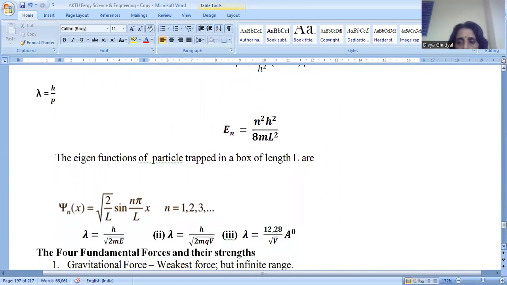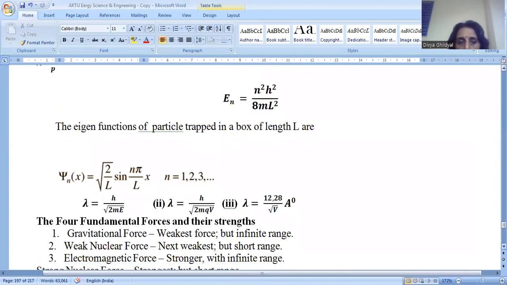Eigenvalues of energy functions are En is equal to n square h square upon 8ml square, where n is equal to 1, 2, 3, 4, 5, etc. H is Planck's constant, m the mass, and L the length of the box in which my particle is trapped.